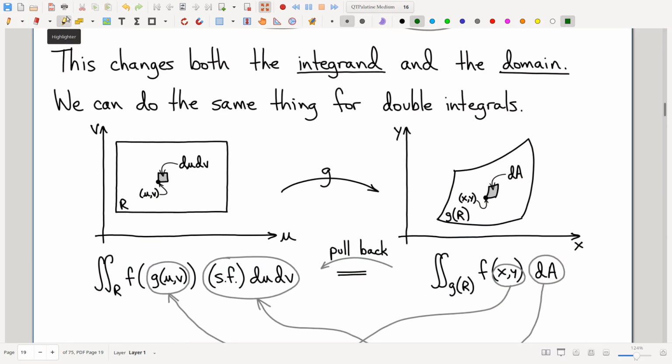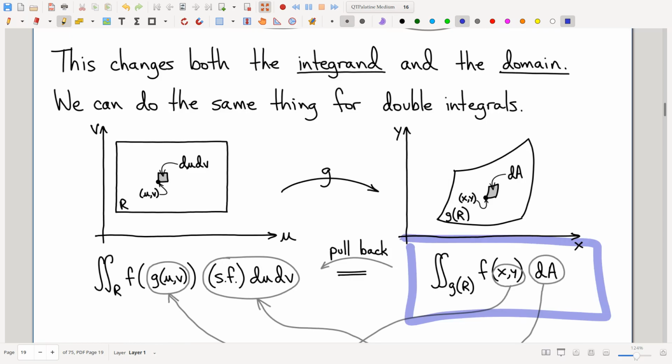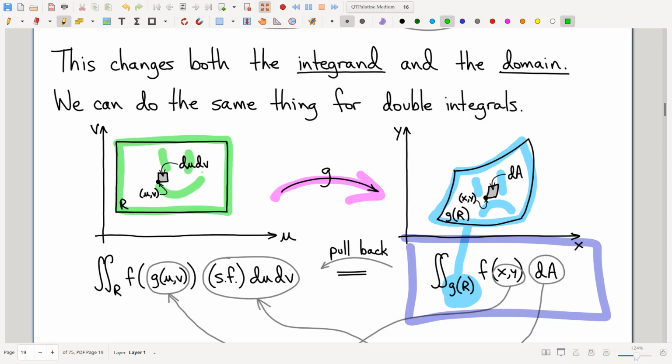The summary is, if you are looking at an integral, if the domain for that integral, however ugly it may be, is the image of a domain that you like better, right? That's all you need.